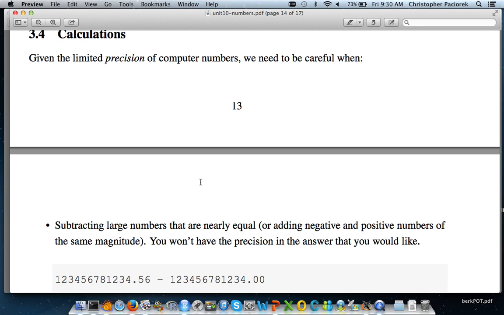All right, so we've just talked about comparisons. Let's talk some about what sort of trouble we can get into in actually doing calculation.